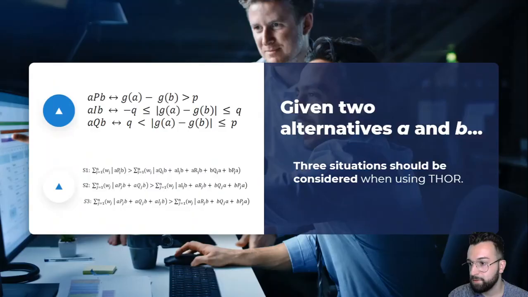If we are given two alternatives, A and B, three situations should be considered when using THOR: S1, S2, and S3, let's call them. In the S1 context, the alternatives have their attractiveness punctuated in situations where a strong preference occurs.